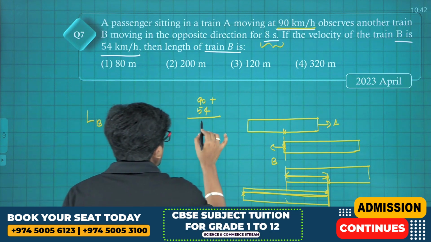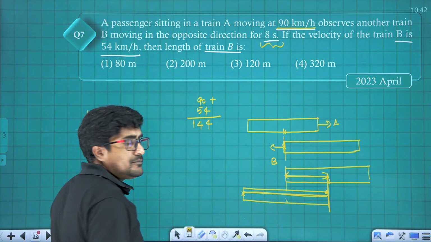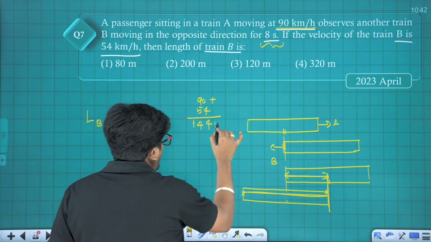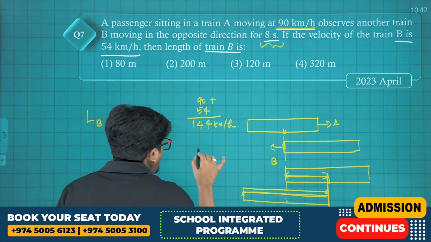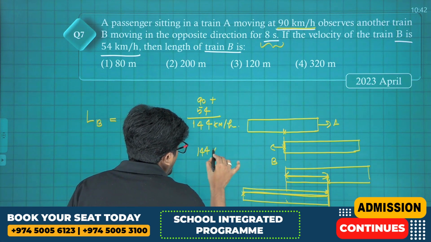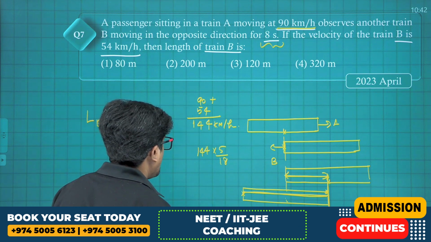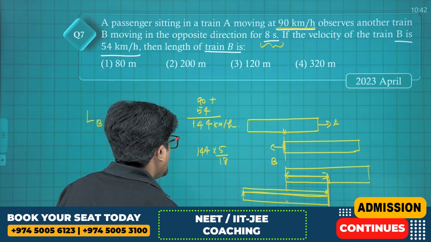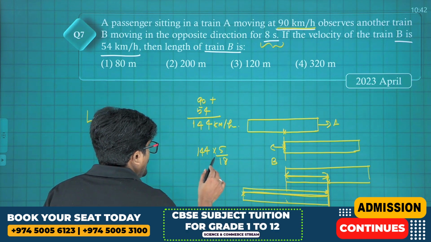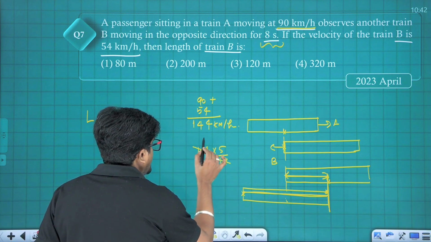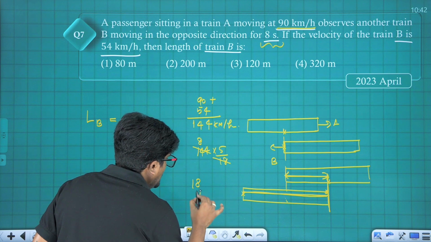So this is going to be 144 km per hour. And here this is going to be 144 into 5 by 18. So here this is supposed to be 8, isn't it? Let's check it. 18 into 8.